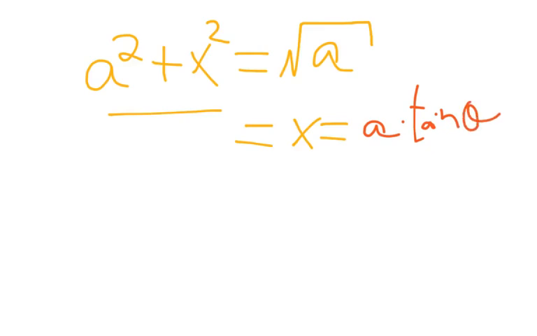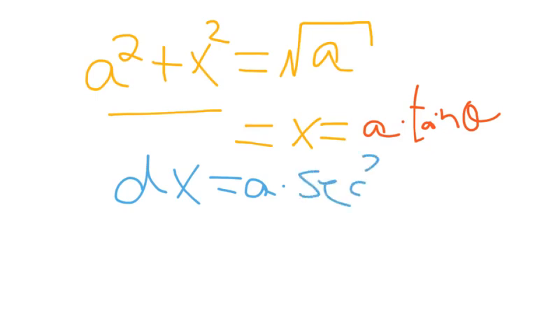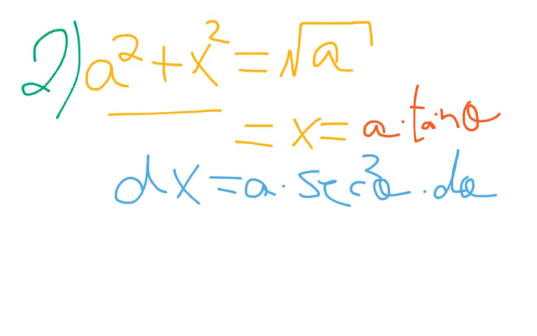Perfect. So then once again we take the derivative. The derivative of tangent of theta is secant squared of theta. Once again, d theta. We need to be consistent. So this is our second case scenario.